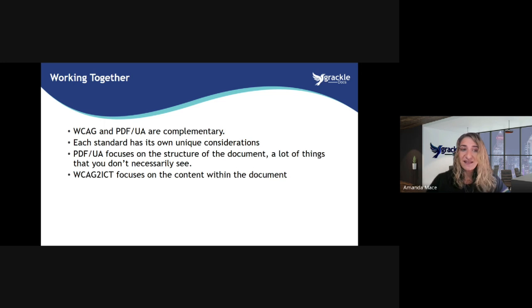So I'm going to get into that a little bit later as well. But if you hear someone say this is WCAG compliant, you actually can't make a document WCAG compliant. You can use the principles of WCAG and WCAG2ICT to apply to a document. Those principles are pretty universal, but it can't be WCAG compliant because WCAG is actually about web content.